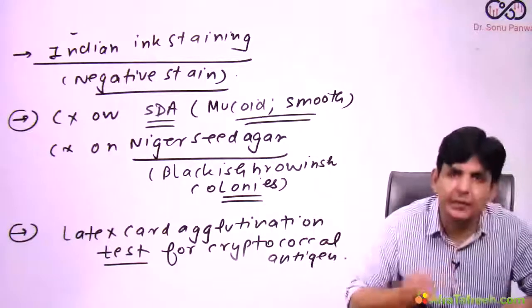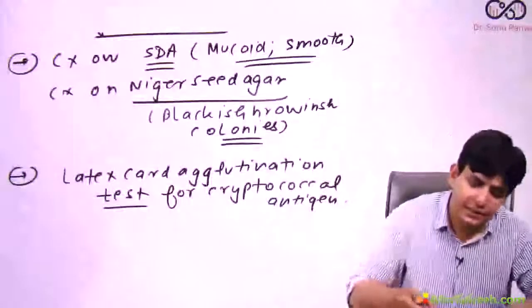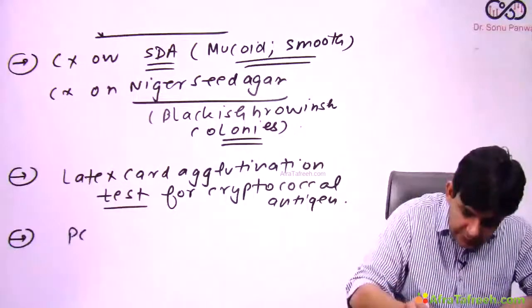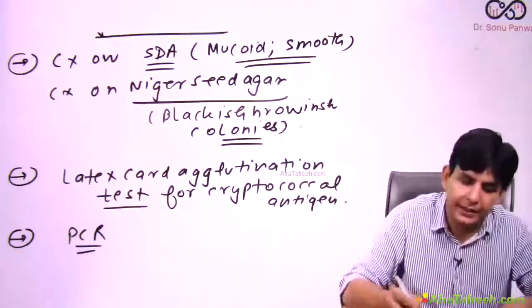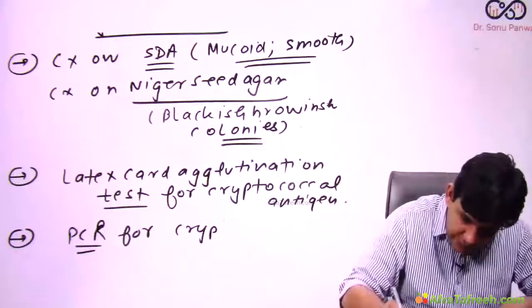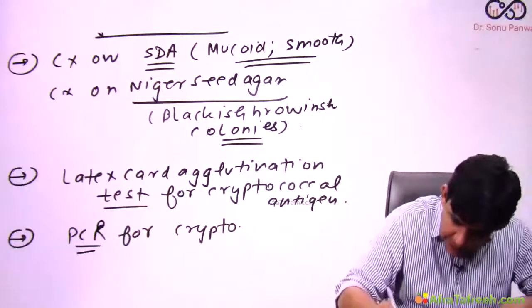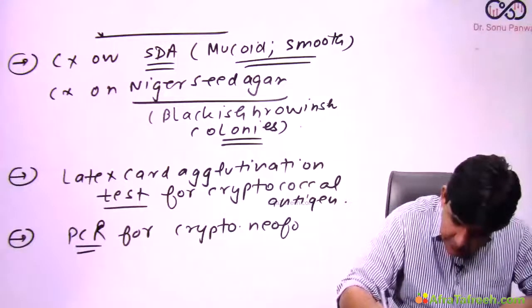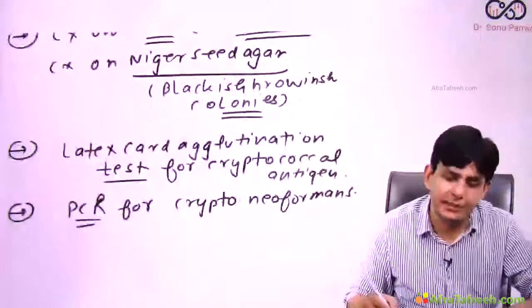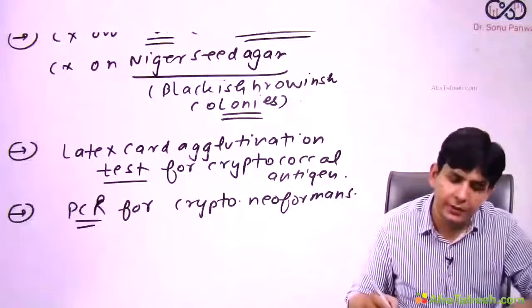So this testing can be done, latex card agglutination test. And remember, you can go for PCR here. PCR for Cryptococcus neoformans. So that can also be done.